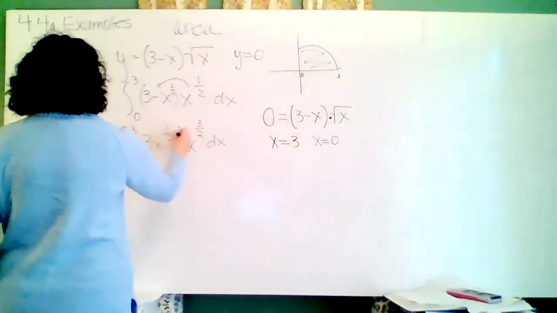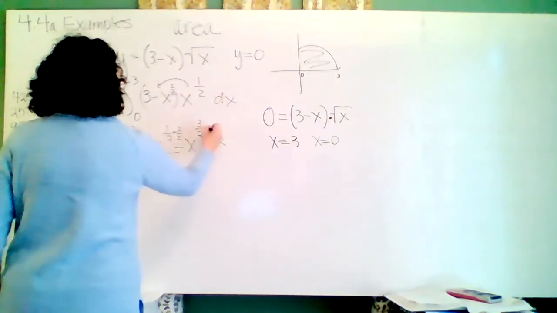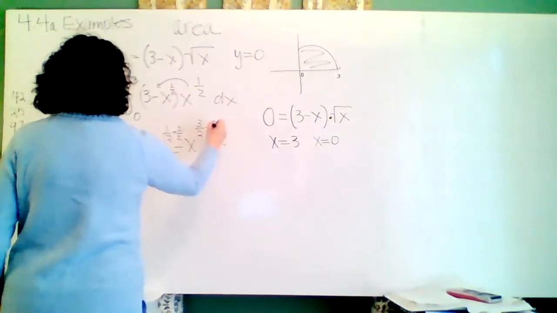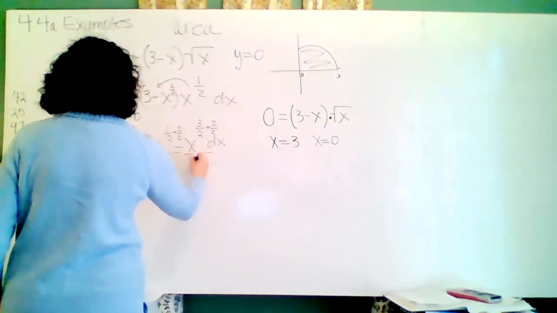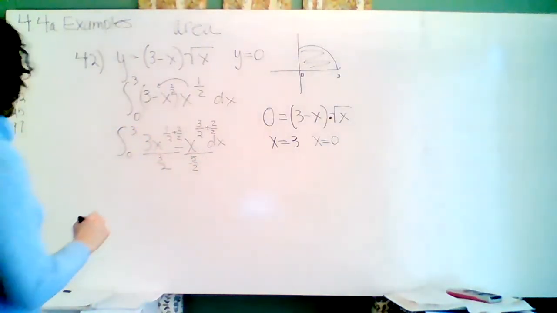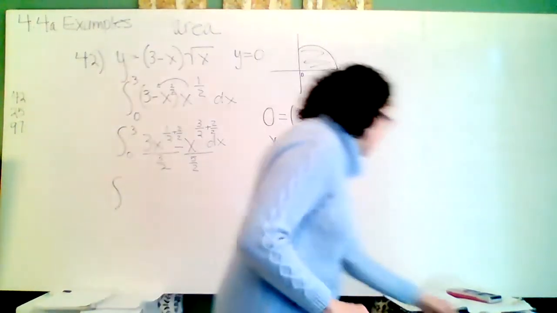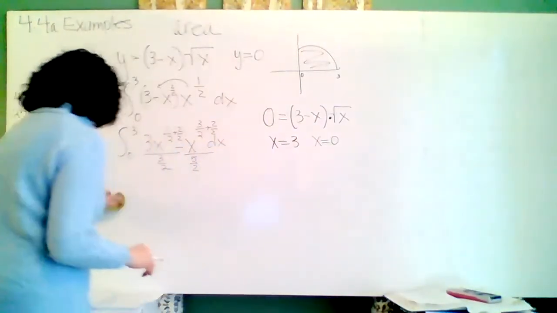I am going to add 1 to the exponent and divide by the new exponent. Okay, I think I need to clean this up a little bit before I can evaluate it. So let's take a look. Oh, don't need an integral sign. We integrated.